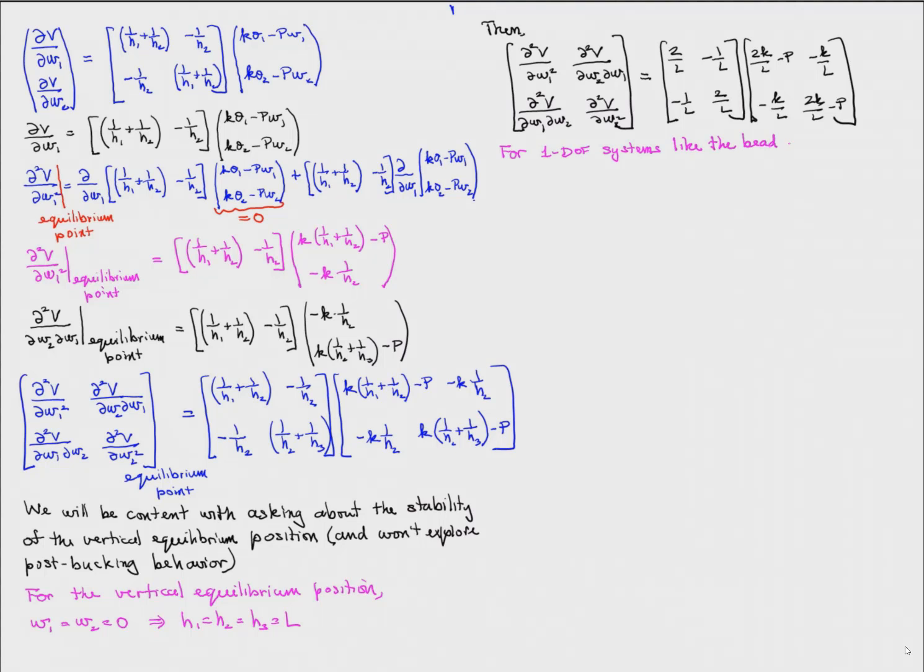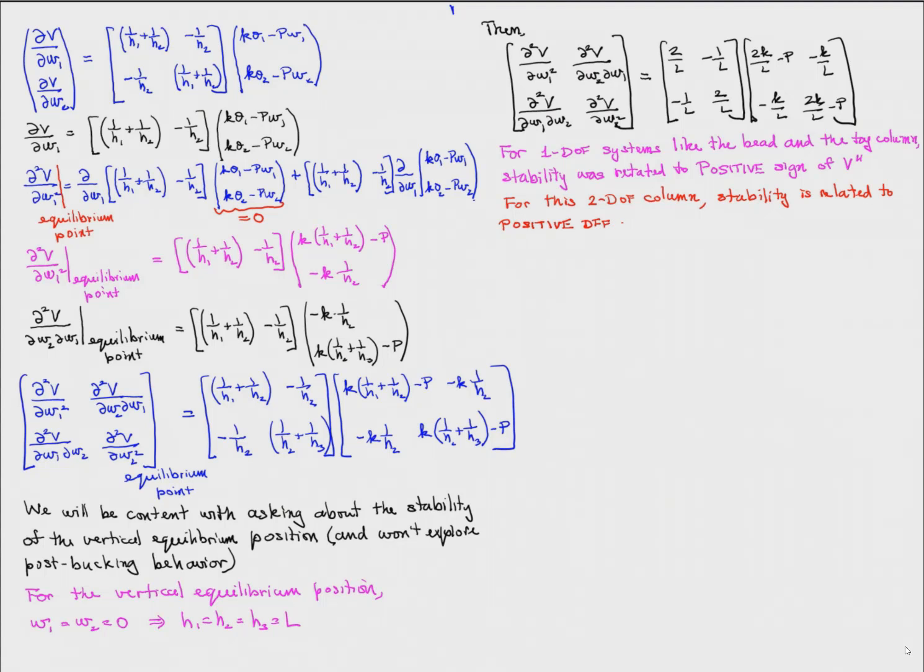Now for one degree of freedom systems, like the bead and the toy column, we said that the equilibrium point is stable if the second derivative is positive. For a 2 degree of freedom system, you can imagine that the notion generalizes to positive definiteness of a matrix. And we've already seen what positive definiteness of a matrix means. So the 2 degree of freedom system is stable if the second derivative matrix is positive definite.